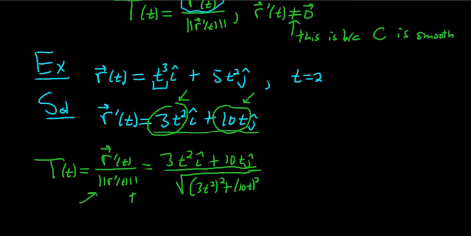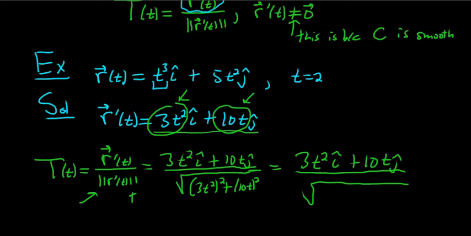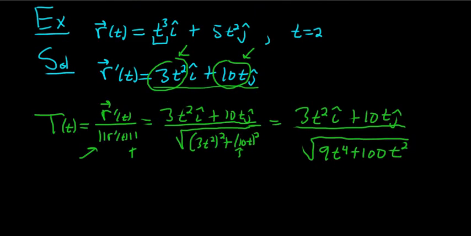So this is equal to 3t squared i hat plus 10t j hat over the square root of, 3t squared squared is 9t to the fourth, because you square the 3 and you square the t squared. Then you square the 10, that gives you 100, and you square the t, that gives you t squared. So that's our unit tangent vector at t.